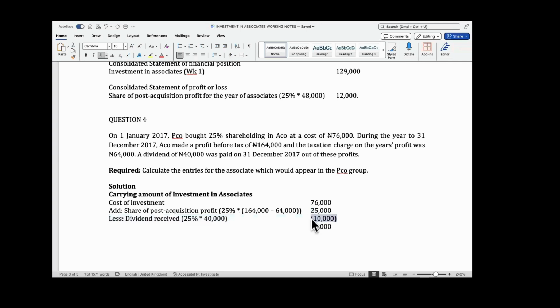So ultimately, what I'm adding to my investment is my share of retained earnings. Additionally, if there are transactions between the parent or subsidiary and the associate, any profits they make there, I told you earlier that you cancel that out, but you cancel it out to the extent of your holding in the associate. I will solve a question for you there and you will see.